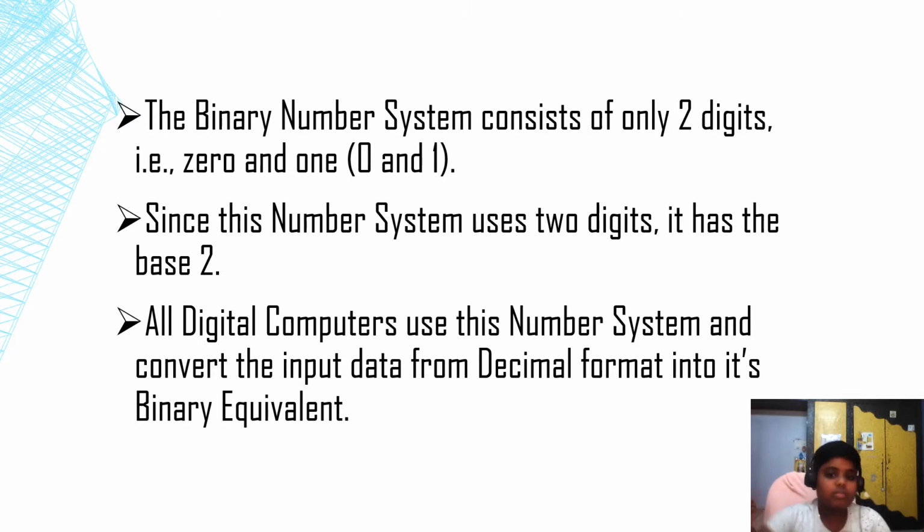Also, all digital computers use this number system and convert the data from decimal format into its binary equivalent. So I said that binary is the language that the computer uses, and the computer can only understand binary, right? So now if we give the number, say 547, it's a decimal number, and binary can read only 0 and 1.